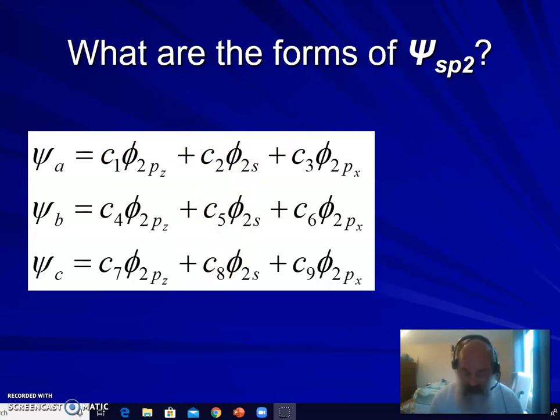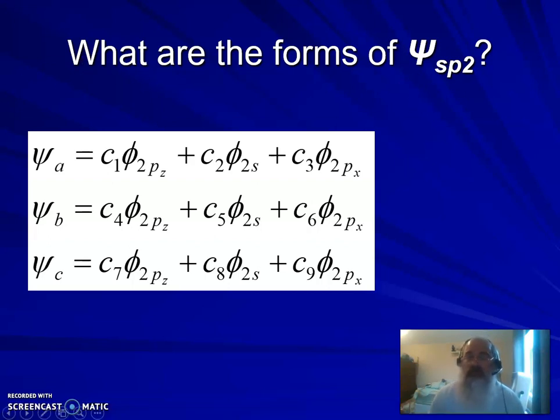And in order for normalization to be satisfied, C2 squared plus C5 squared plus C8 squared has to equal 1. Well, if they're all equal to each other, then each of those C squareds has to be 1/3, and so they're each going to be either plus or minus the square root of 1/3.